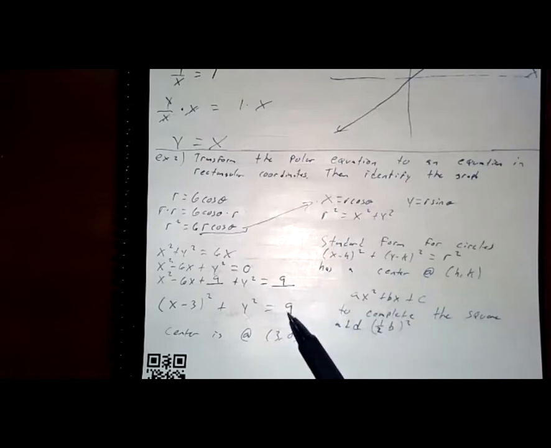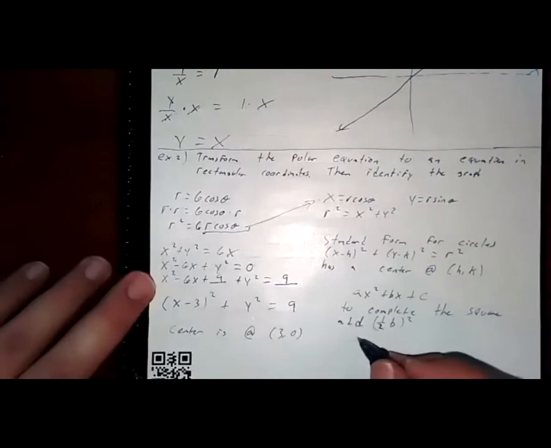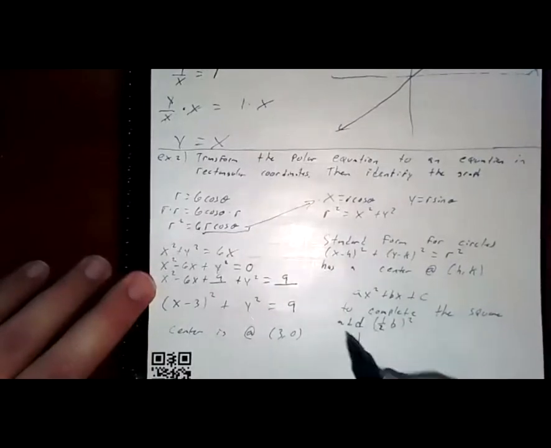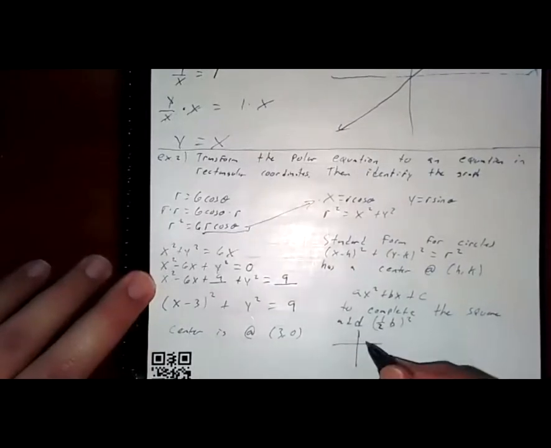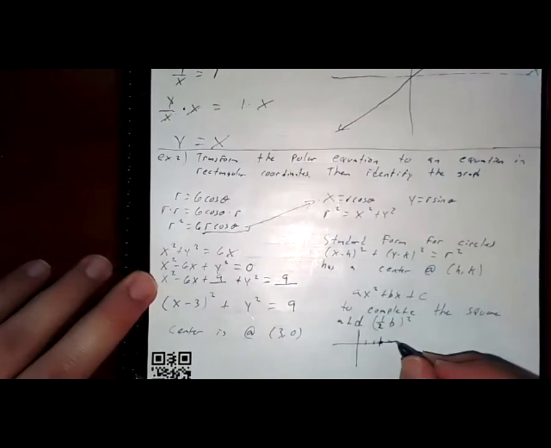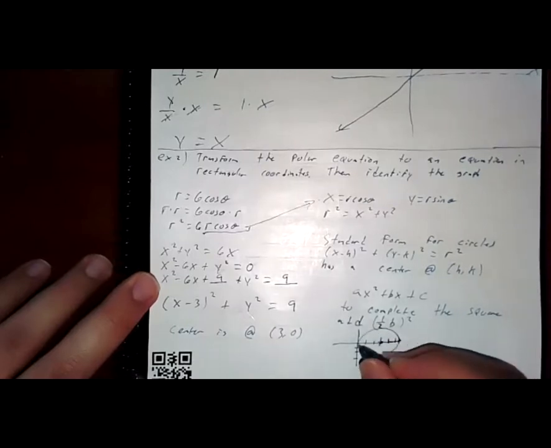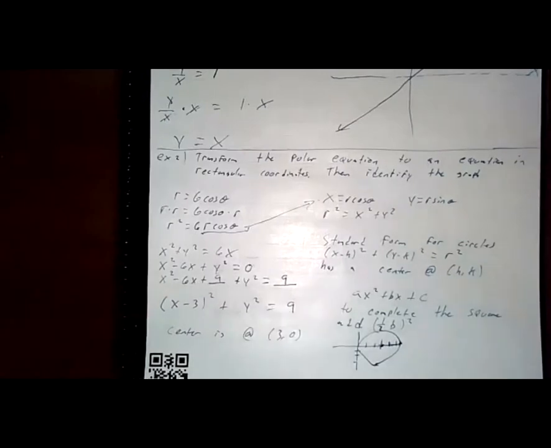If you graph it, it'd be centered at 3, 0 with a radius of 3. 3, 0 would be 1, 2, 3, somewhere out here. Then you'd go out 3 in each direction. Something like this, but I can't draw very well.